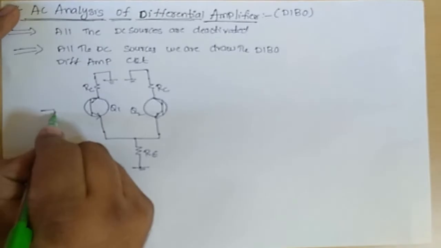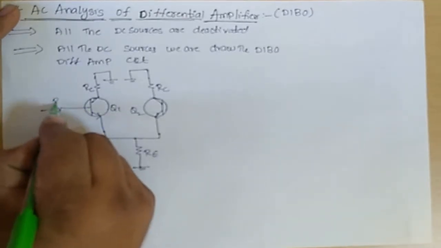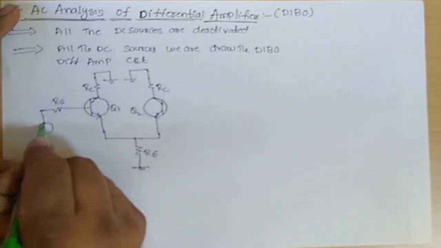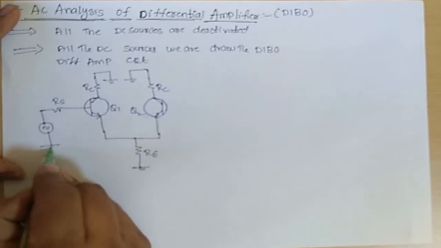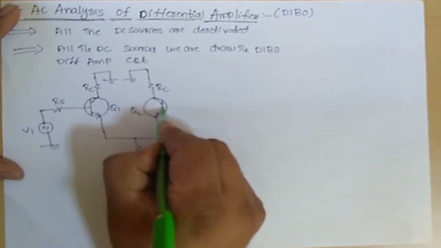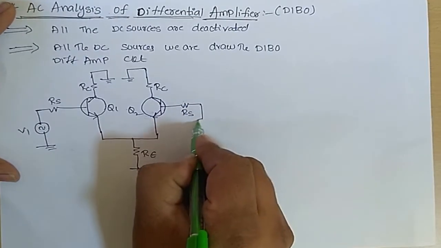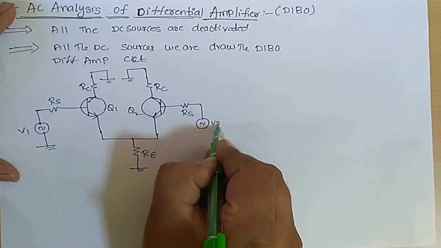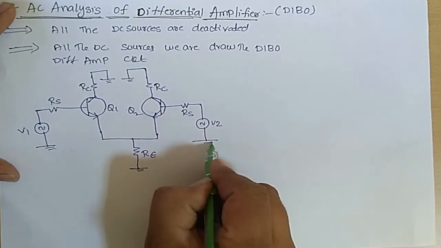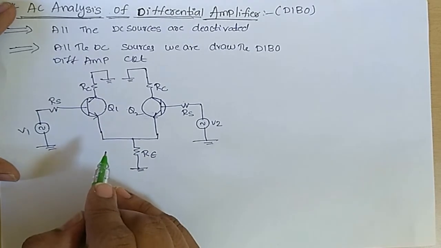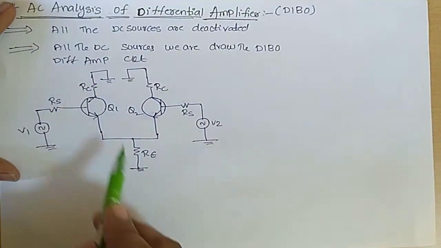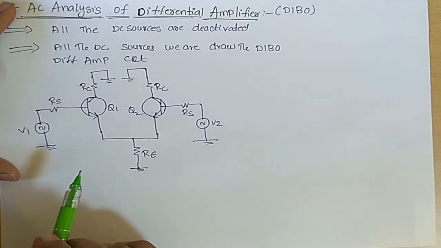Clear? Here we are connecting the source resistance RS, and we apply the input voltage V1. Regarding the Q2 transistor also, we are connecting the source resistance RS, and here we apply the input voltage V2. With respect to the AC analysis, the DC sources are deactivated.